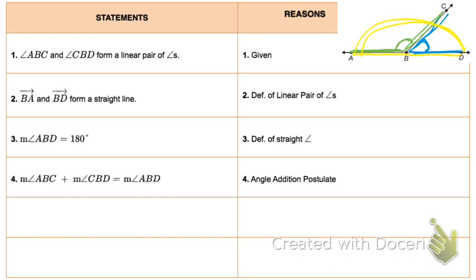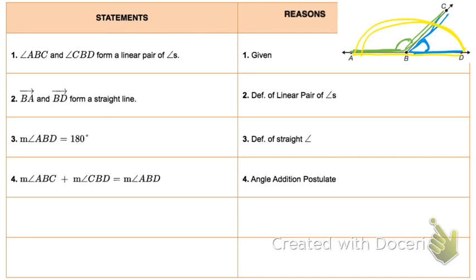So the green plus the blue adds up to be that big yellow one. Those two angles add up to be the big angle. You can break the big angle into the two angles. We can make that statement because of the angle addition postulate, okay? Now, where do we go from there?